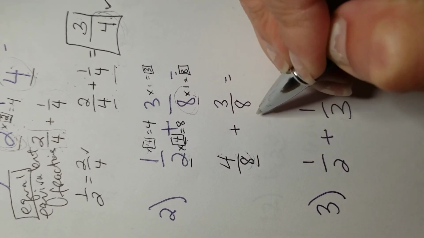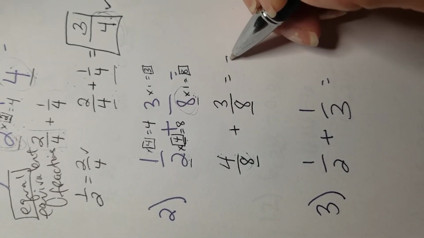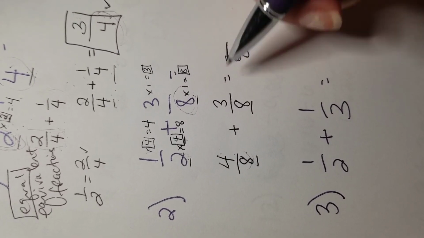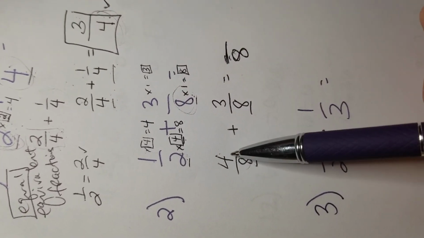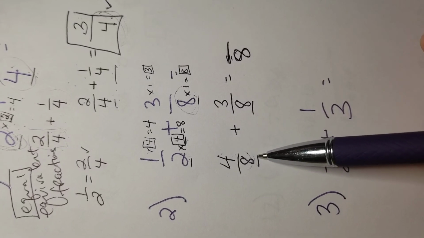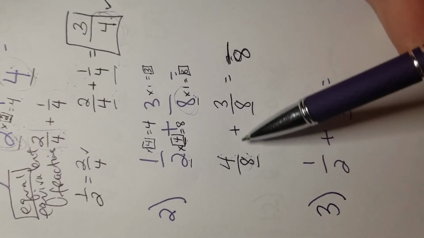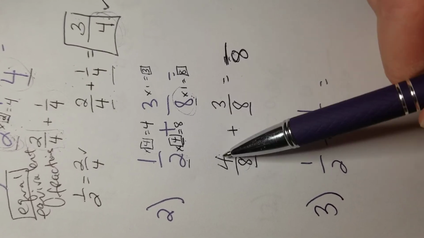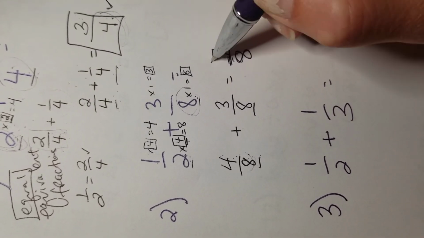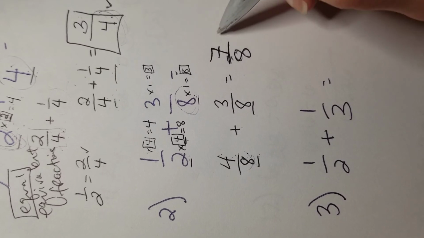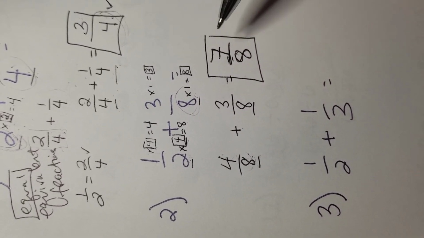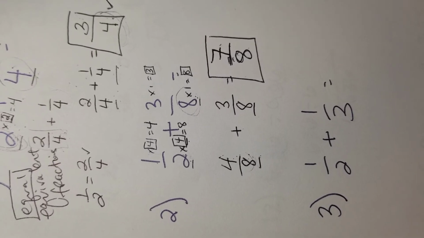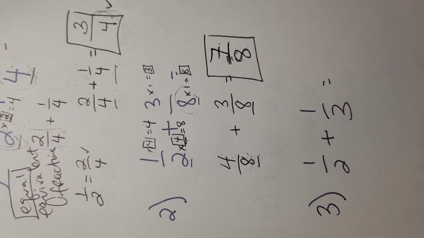So once you have the same amount of parts, you keep those parts and then you add the numerators, because this is how many of those parts you have. So I have 4 of the 8 and I have 3 of the 8 that I'm going to add together. So if I have 4 plus 3, I have 7 of the 8 total. I have an odd and an even. 3 can't go into those evenly, so I know that that's reduced all the way.